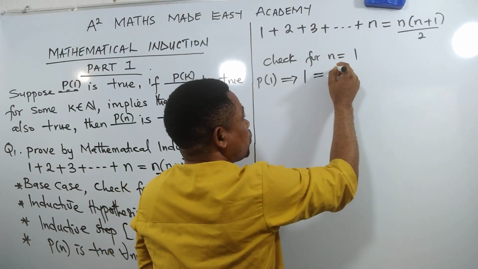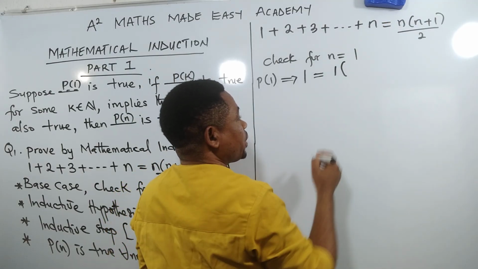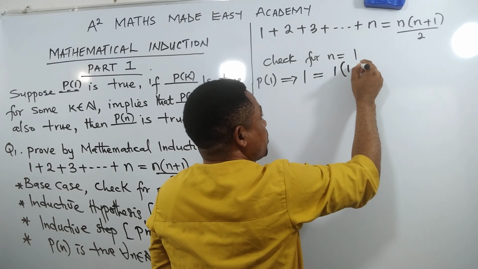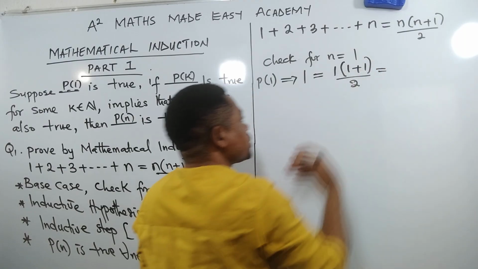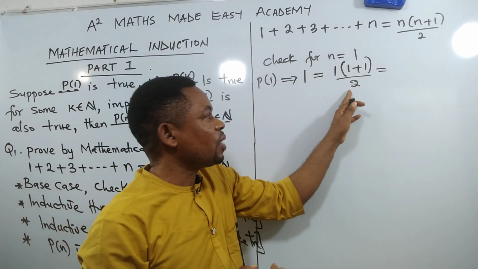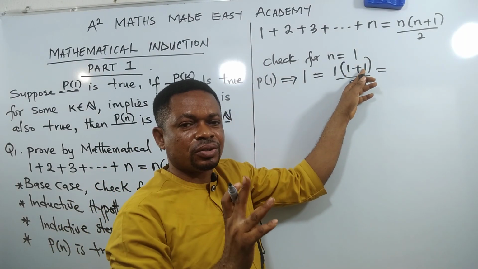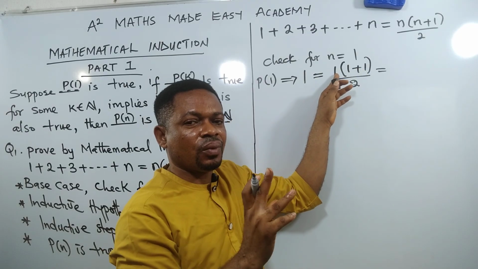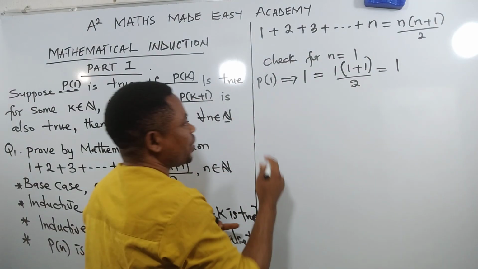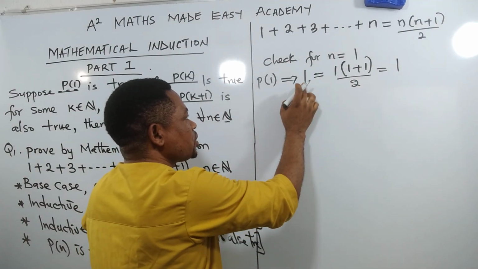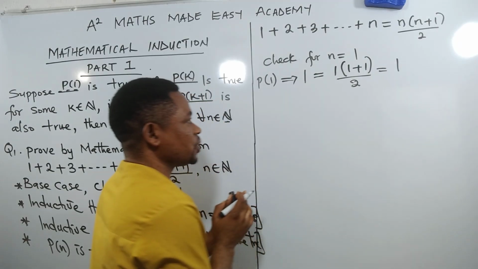Open bracket, n is also 1, then plus 1, close the bracket, all over 2. Now let us simplify the right hand side. 1 plus 1 is 2, and 2 times 1 will give you 2, and 2 over 2 will give you 1. Now let's justify. In the base case, does what is on the left correspond with what is on the right?